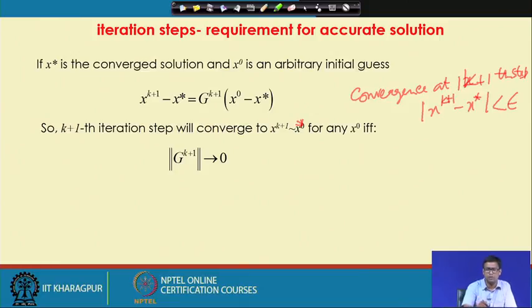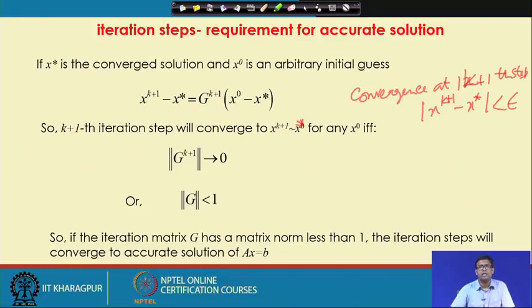Then the norm of the vector will also go to 0, and this is possible if G has a matrix norm less than 1, because any number less than 1, if we multiply it several times, reduces to a further smaller number. So, if the iteration matrix G has a matrix norm less than 1, the iteration steps will converge to the accurate solution of A x equals B. We can get the right solution of A x equals B through an iterative method if the iteration matrix G has a matrix norm less than 1.